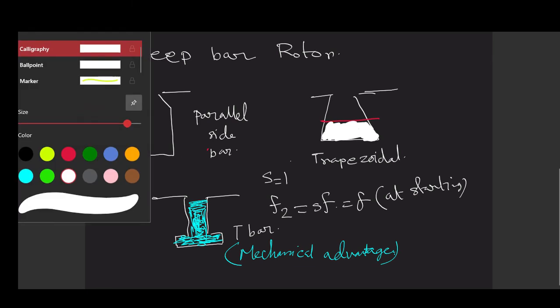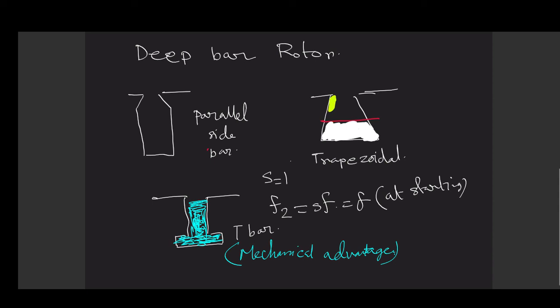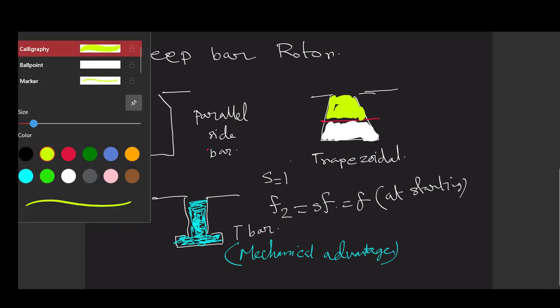Obviously there is no barrier that demarcates a conductor, but what we have here is that these white color conductors are associated with more leakage flux.